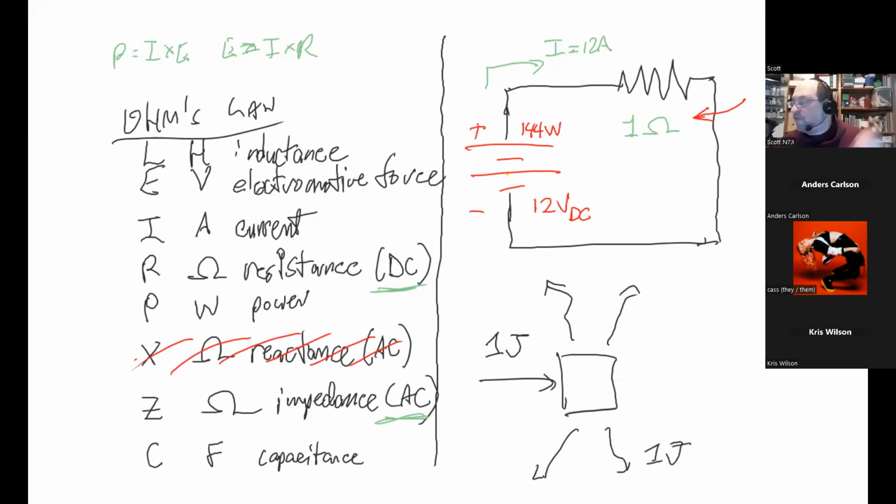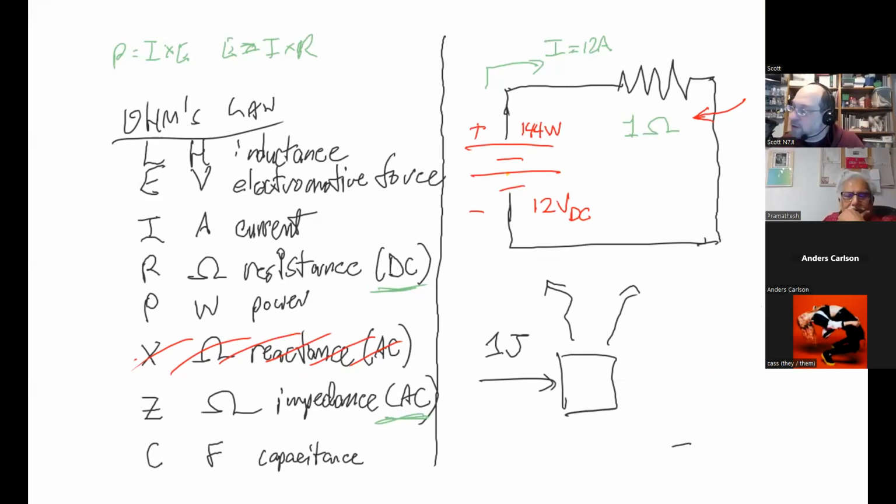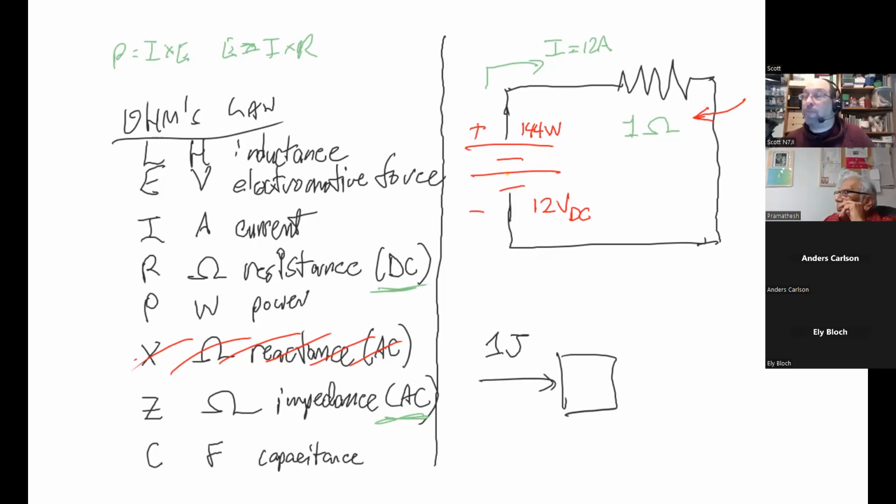What if it was a noisemaker? It'd be sound energy. What if it was a light emitting diode? What would it come out as? Right. But how much would come out? If I put 1 joule in, 1 joule out. 1 joule has to come out.